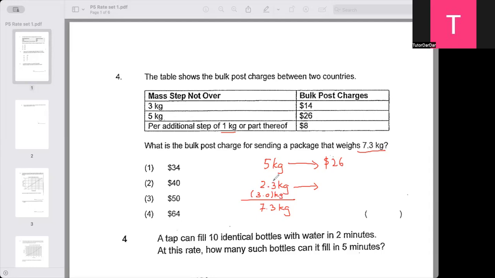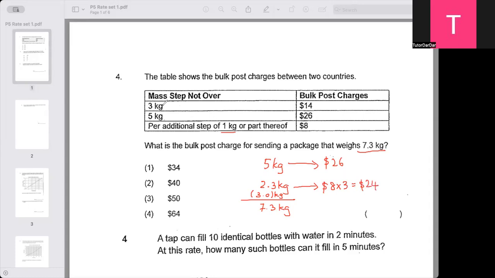Because they don't have the charges for 0.3 kg. So instead, you have to pay the excess 1 kg. So 2.3 kg will be rounded up to 3 kg. So now 1 kg is $8. Multiply by 3, you will get $24 here.